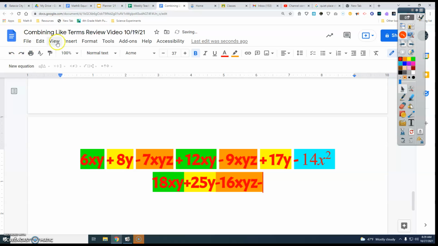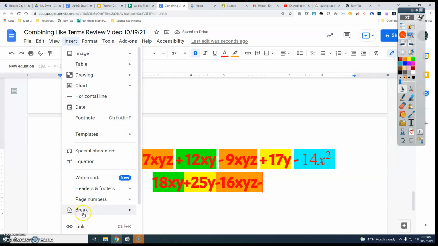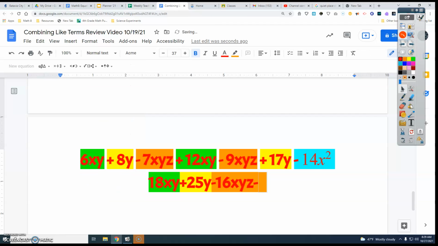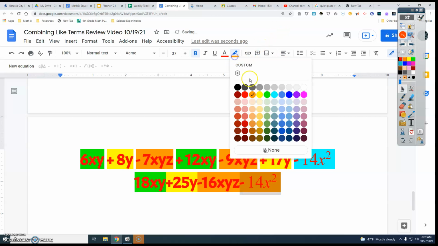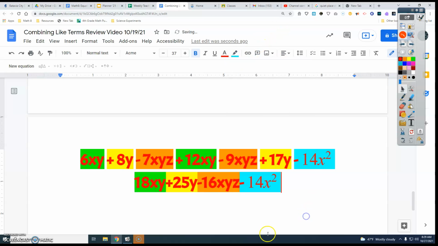Well, let's do that again. So we're going to go insert. We're going to do our equation. And it's going to be 14x, and then we're going to caret it squared. So that is not an orange term, though, so we have to highlight that in blue because it's different. Okay, so you see your groupings by color.